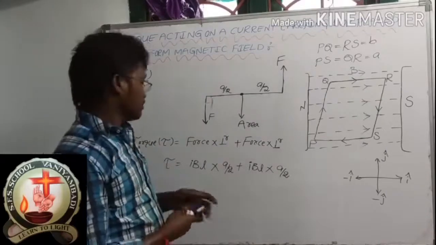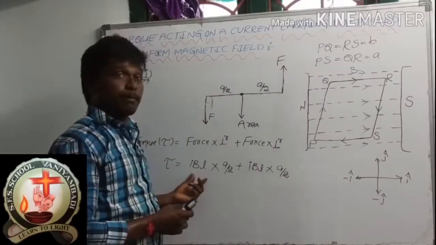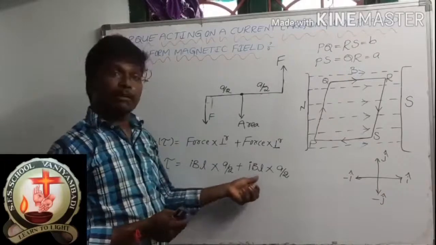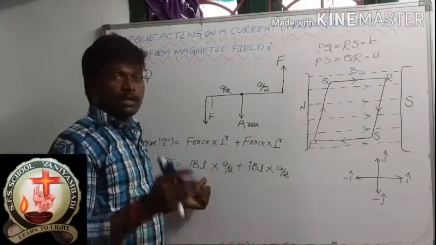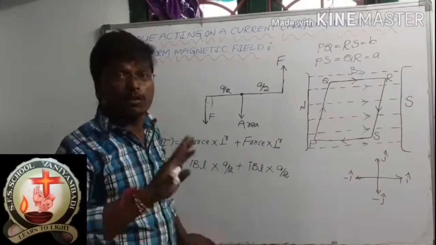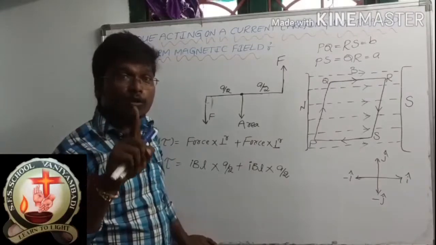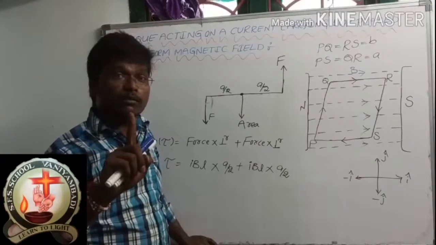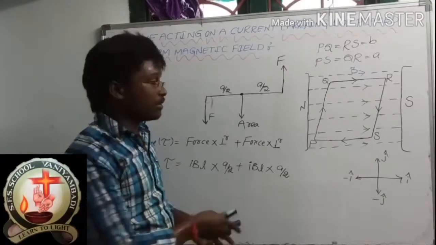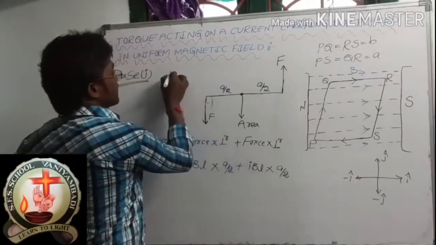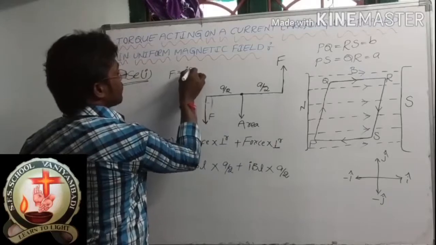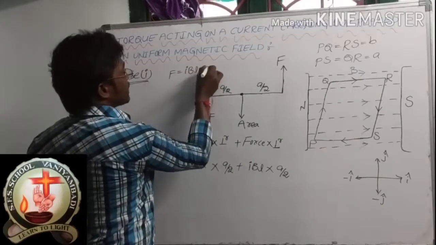Anybody having doubt? Master, the force expression is here. J cap, minus J cap is there. Here J cap is there. In the torque expression, we should consider only magnitude. We won't consider direction. Suppose here F is equal to IBL minus J cap.